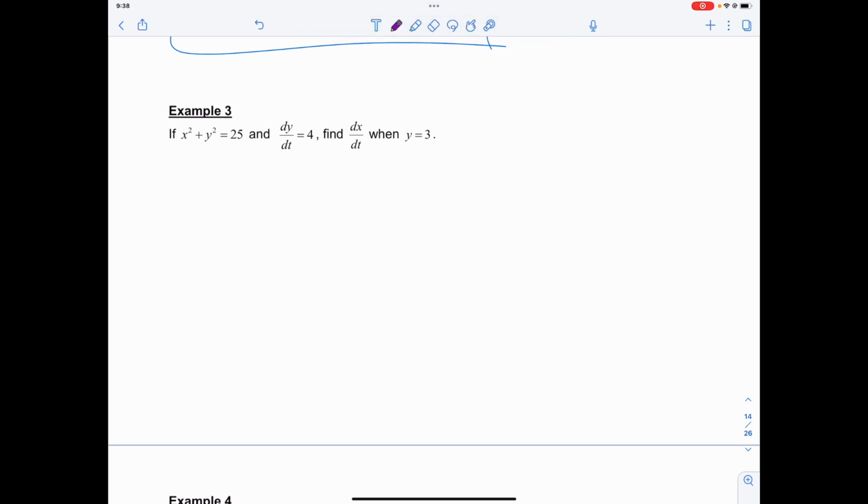Unlike with the first two examples, in this case, it's asking for the differentiation of x over time, and it tells me the value of y. So when it says x squared plus y squared is equal to 25, and dy over dt is equal to 4, then find the differentiation of x over time when y is equal to 3.